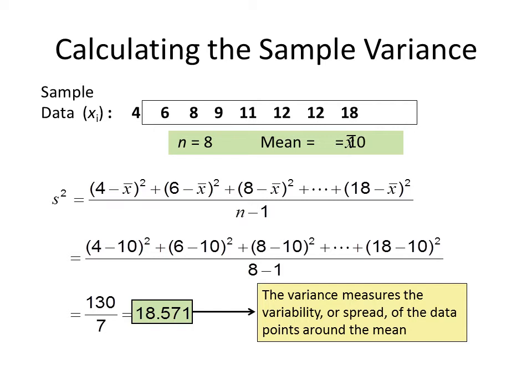Then through a summation function, you add it all up and divide by n minus 1. So n is 8, and you subtract 1 from it, and you get 7. For the numerator, once you get the total, you come up with 130. You divide that by n minus 1, and you come up with 18.571.